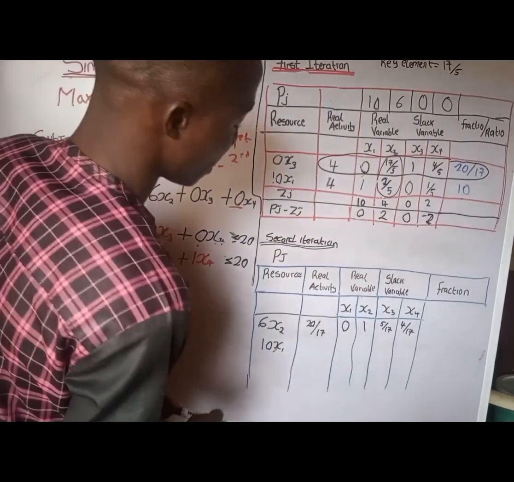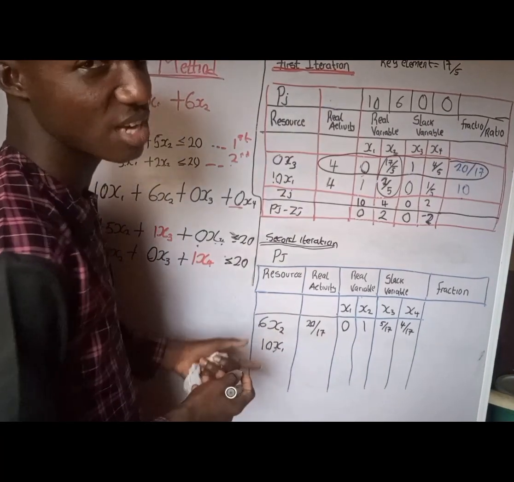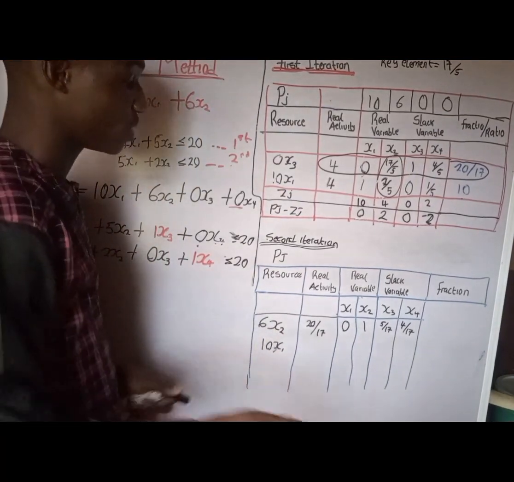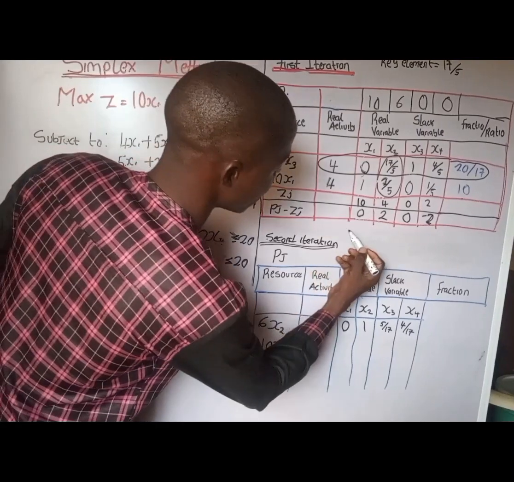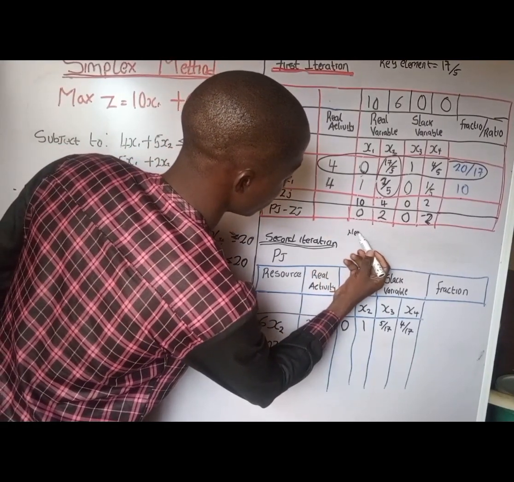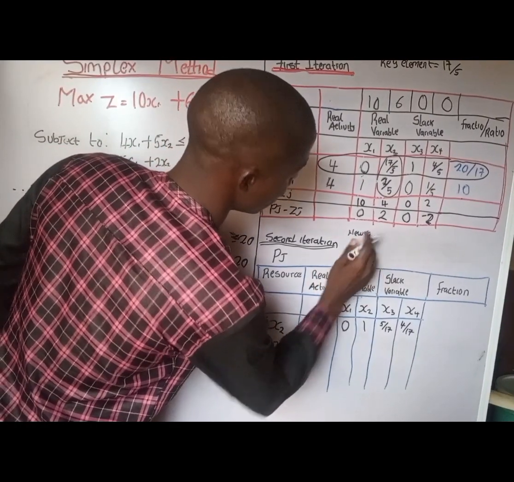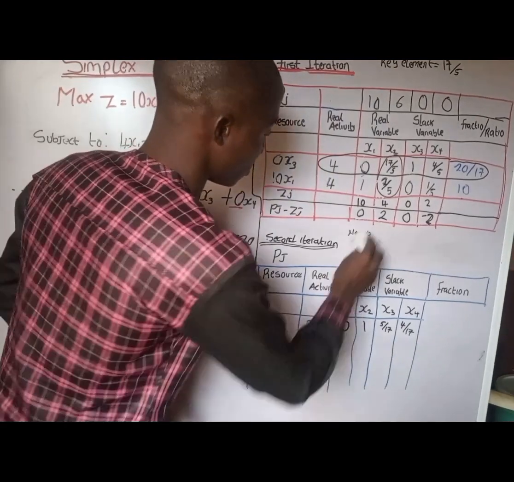And don't forget that in my previous video, part 1 of this linear programming problem, I dropped a formula like this. Let me shorten this so that you understand.